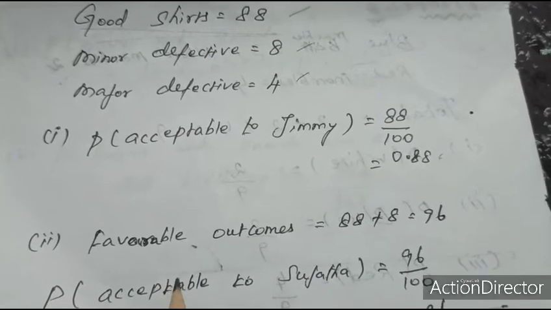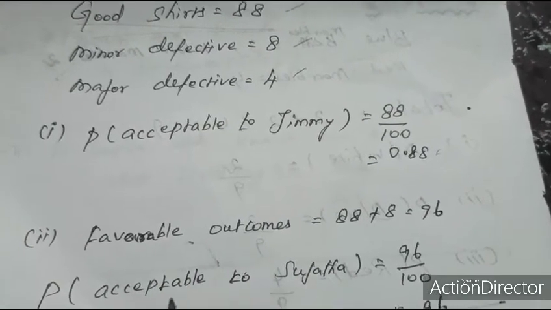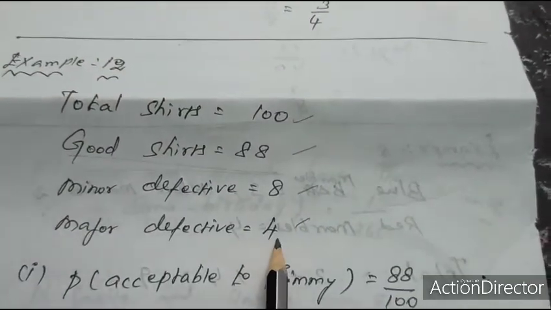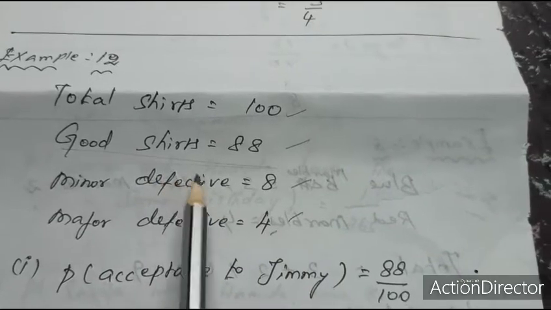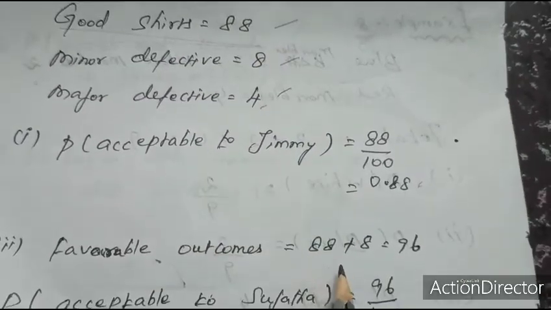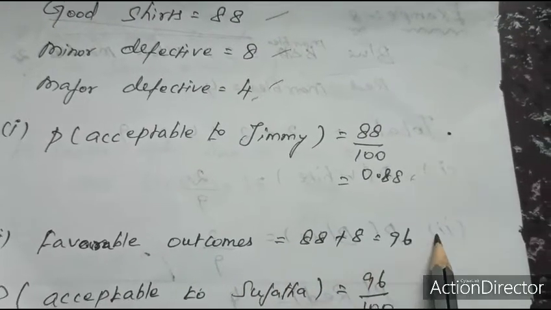Next question, the probability that it is acceptable to Sujata. Sujata rejects only major defective shirts, therefore she accepts good shirts and minor defective shirts. Therefore 88 plus 8, the favorable outcomes, equal to 96.